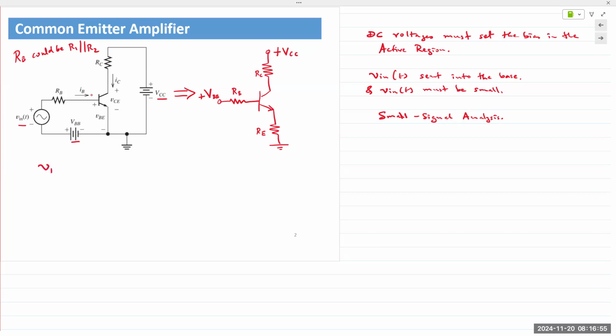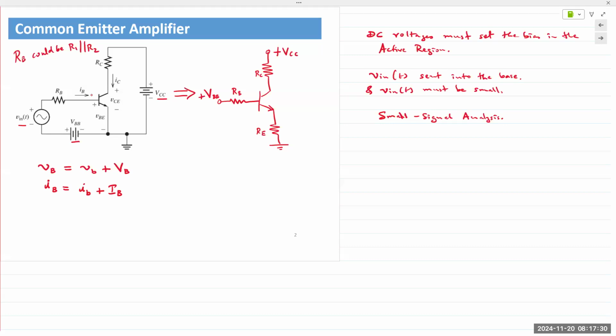So vB, lowercase v and uppercase B, is a combination of the AC voltage plus the DC biasing voltage VB. Similarly, the total current iB flowing into the base is a combination of the AC input current ib and the DC current from VBB.